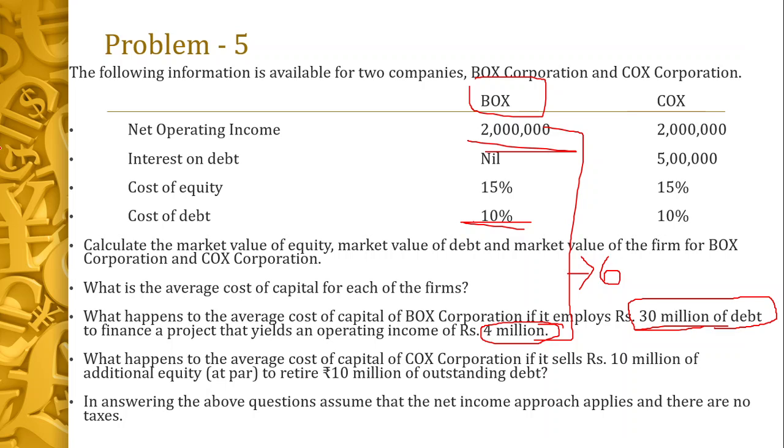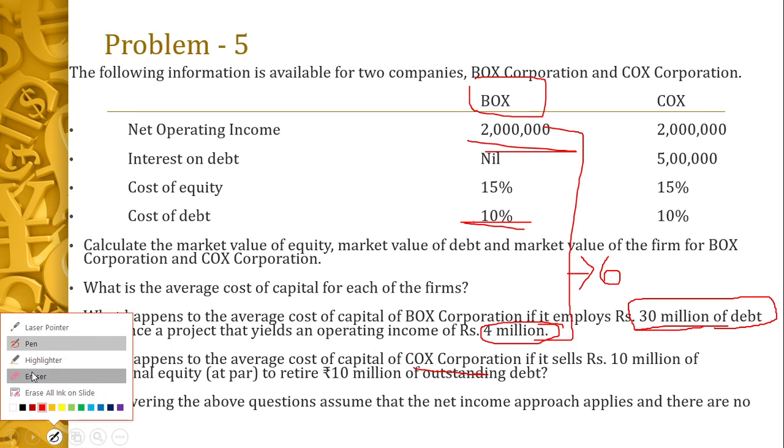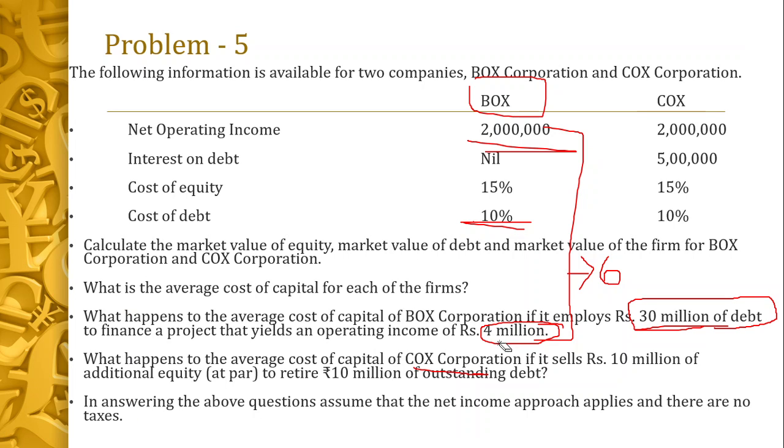Now, the last part of the question asks what happens to the average cost of capital of Cox Corporation if it sells 10 million of additional equity to retire 10 million of outstanding debt.